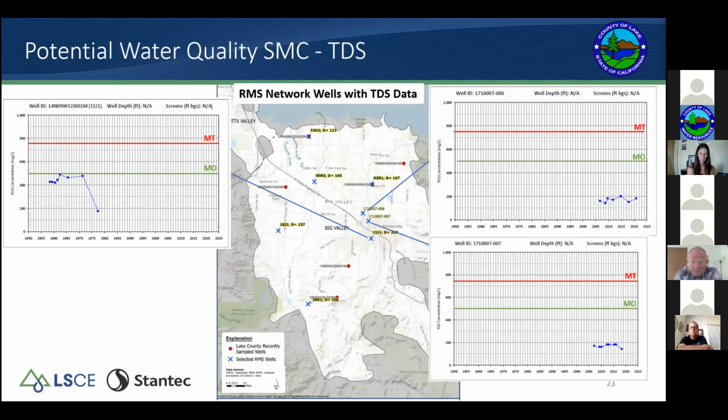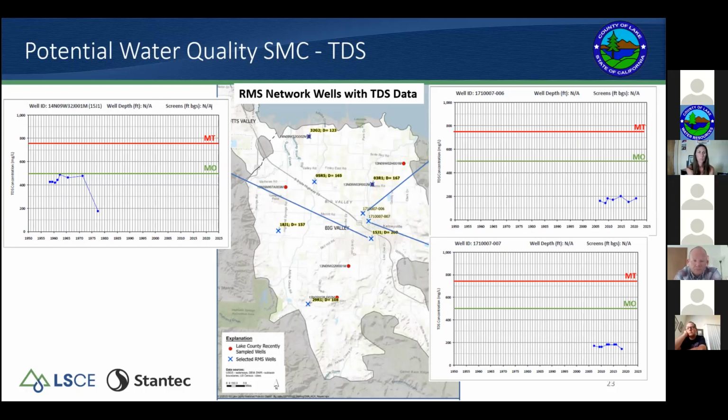It's just a local decision. And then the MT can be set at some value above that. In our case, we know the upper limit set for TDS through the state is 1,000. We didn't feel like we wanted to go that high, so we set it at 750. But again, these are just concepts we're trying to illustrate. At some point, we need to make decisions on what the parameters would look like.